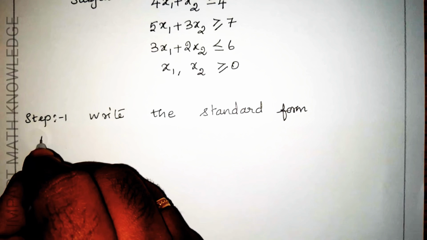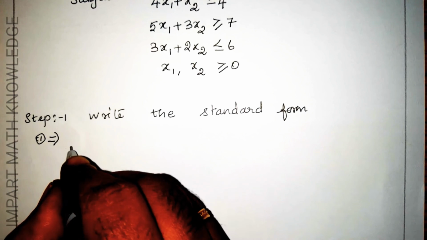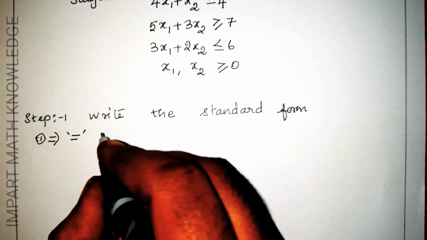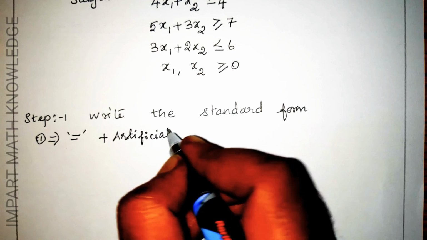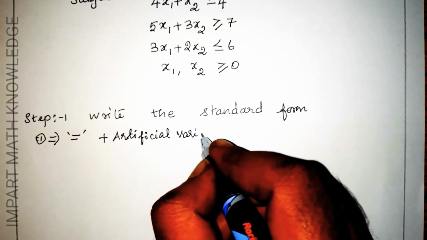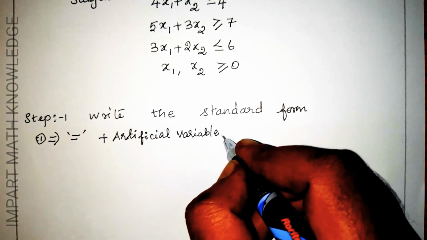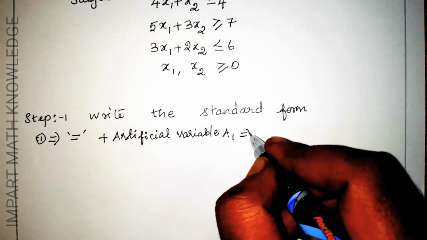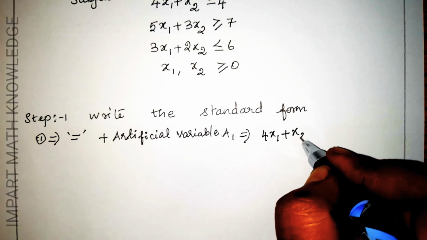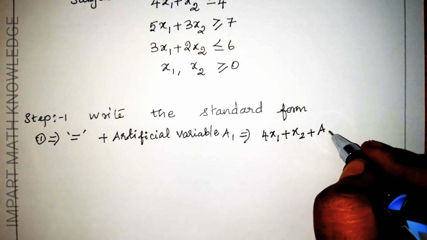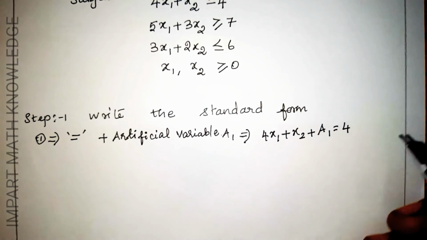Let me write. The first condition is of equal form, so you have to add the artificial variable a1, that is 4x1 + x2 + a1 = 4.